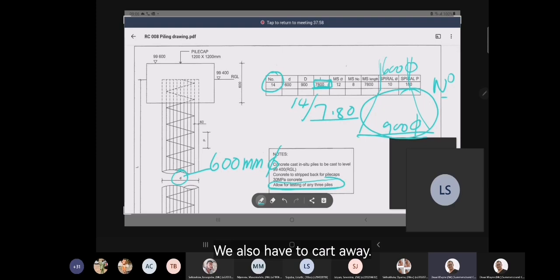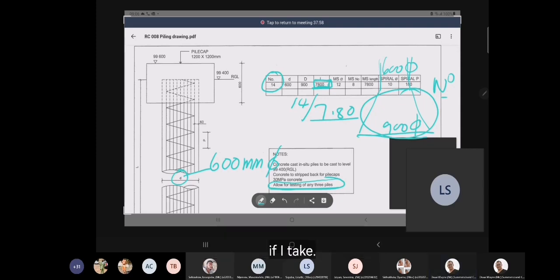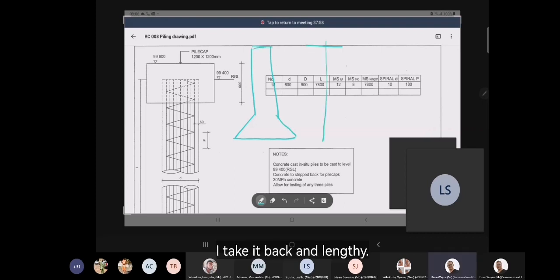We also have to cast away that material that we drilled in there. If I take that length there, 7 meter 800.